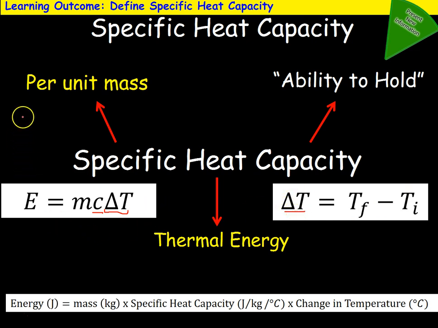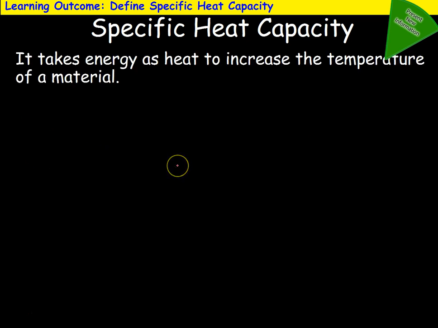If we rearrange it, we get that energy divided by mass times the change in temperature will be equal to the specific heat capacity. So that's why we mean per unit mass, because it's divided by mass. It's energy per unit mass times change in temperature.